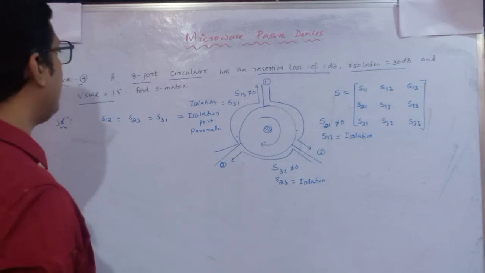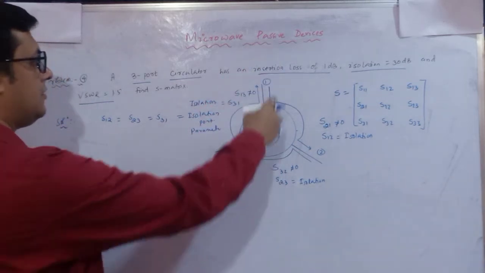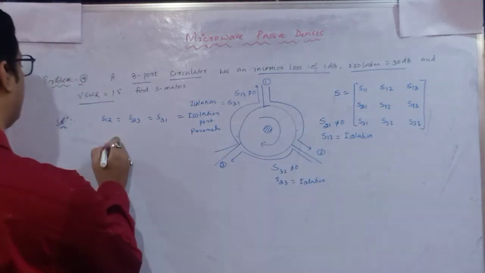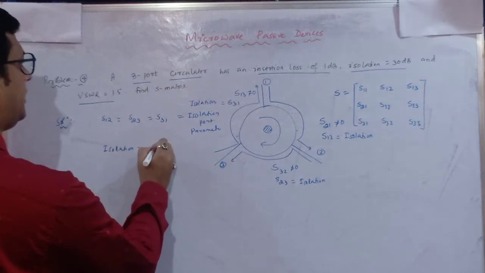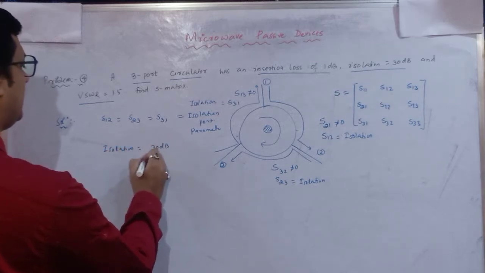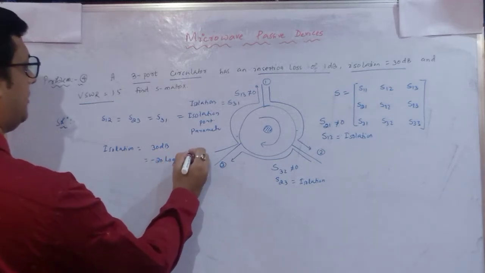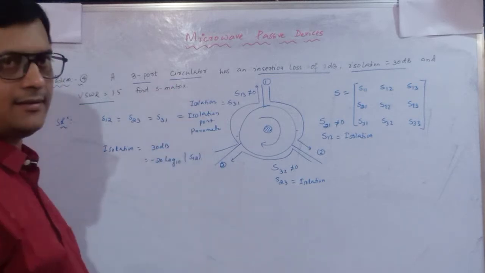Let's see. So here the power is fed at port 1. So isolation will be S12. Isolation is given as 30 dB, which is equal to minus 10 log base 10 of the magnitude of S12, like this I can write. Okay.